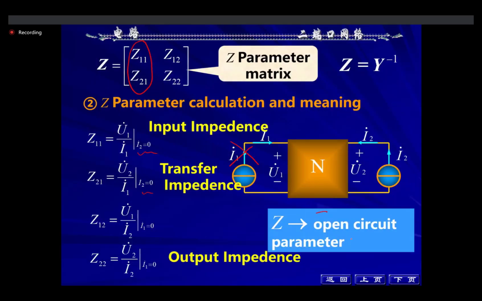The open circuit is only one method to calculate the Z parameter. It does not mean the outside must be open. Pay attention. So sometimes we use ZOC to express the Z parameter, sometimes use YSC for the Y parameter: short circuit Y parameter, open circuit Z parameter.